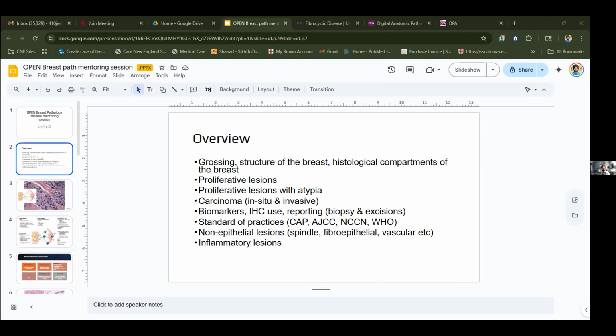Now, these are all the epithelial lesions. Breast, like other organs, you have to keep in mind that breast can have non-epithelial lesions, and that includes spindle cell lesions. It can have vascular lesions. They are rare, but you have to keep in mind that breast tissue is composed of epithelium and stromal tissue.